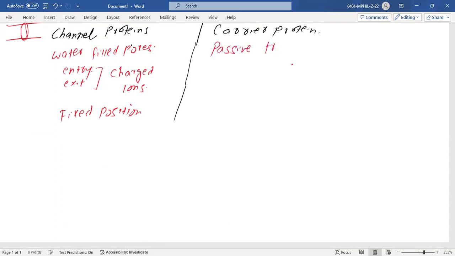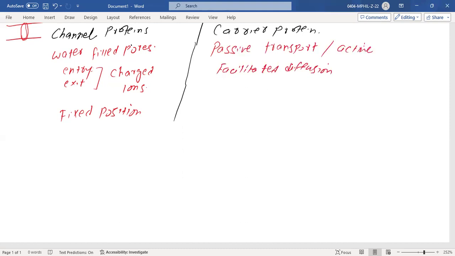What do you mean by passive transport? Passive transport is transport without energy, passive facilitated diffusion. It can move molecules, gas molecules, through these proteins, but they are not using any energy. Active transport is also possible here.